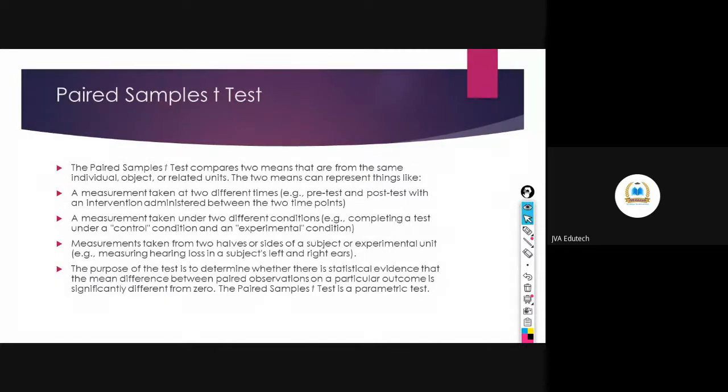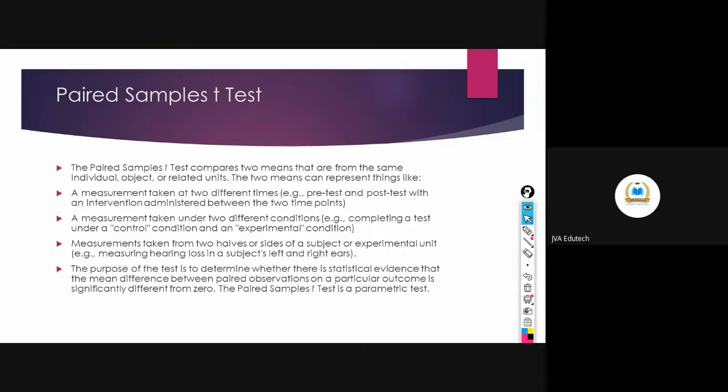So overall, the purpose of this test is to determine whether there is statistical evidence that the mean difference between the paired observations, why are we calling it paired observation? Because the data is from the same population. Observations are taken from the same population in two different situations or at two different times, or if divided into two halves, something like that.